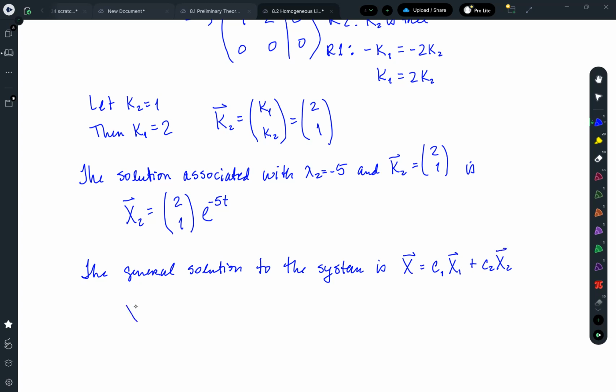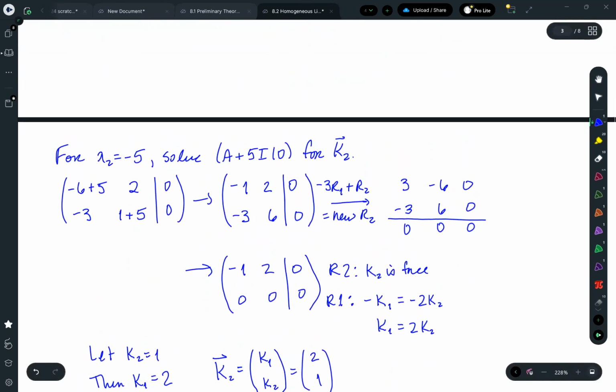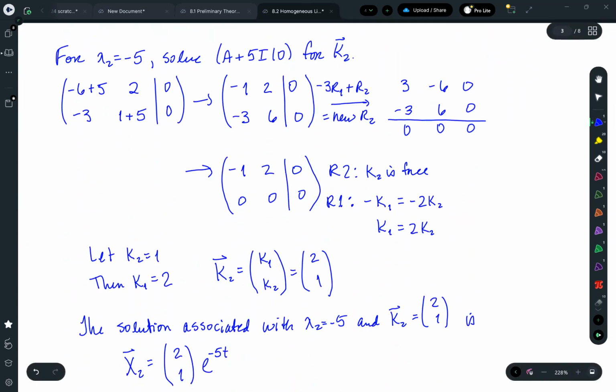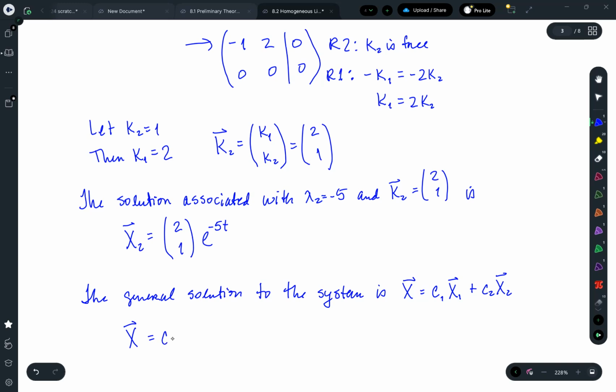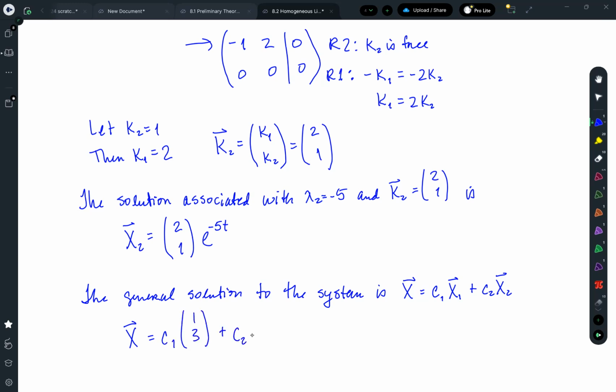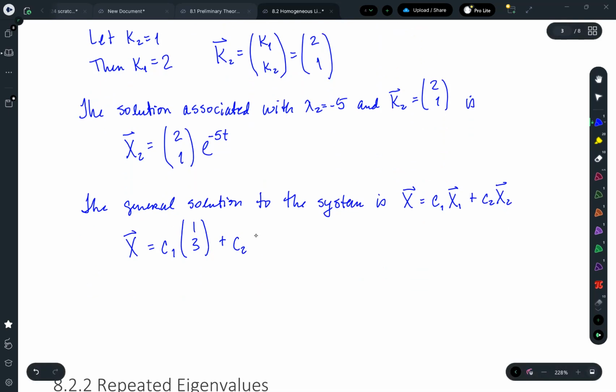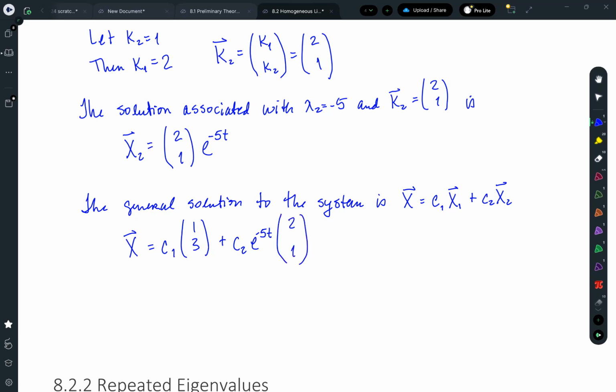And so what that looks like is x is equal to, the first solution we got, x1, is just 1, 3. So we have c1 times the vector 1, 3 plus c2 times x2. I'm going to put the e to the -5t out in front, and then times the vector 2, 1. And that's it. That's our solution.